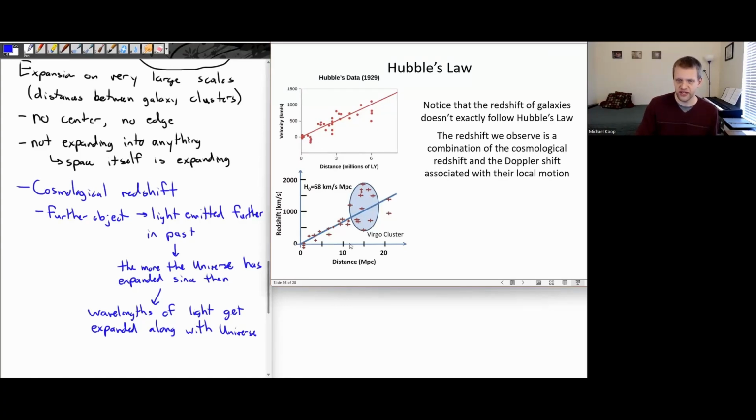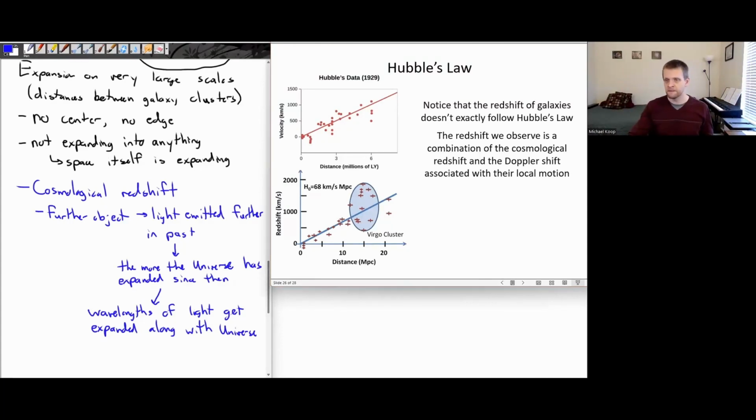And what we're seeing in these diagrams is that there are two effects that are causing this redshift: the actual physical motion of those galaxies through space, and the effect of cosmological redshift.